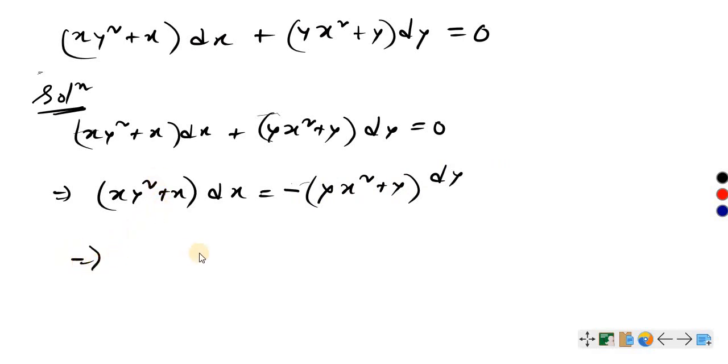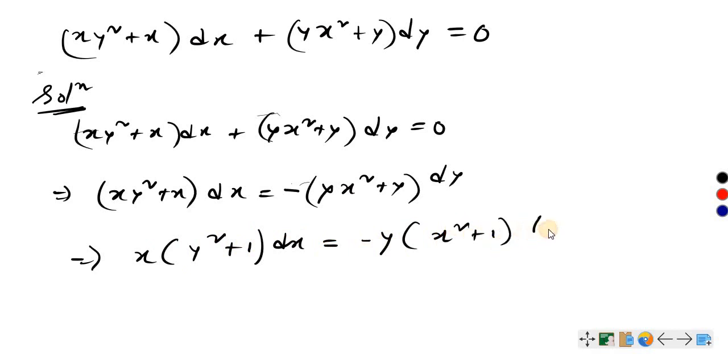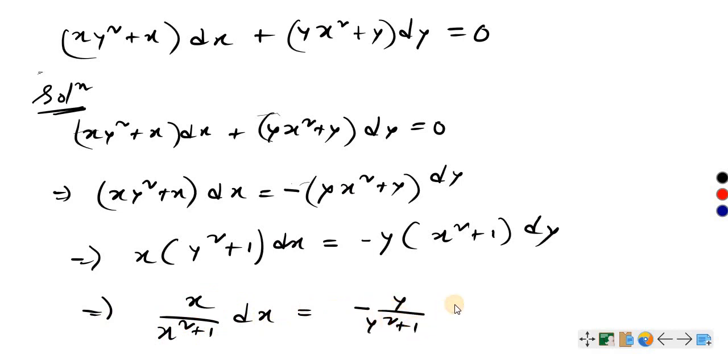This can be written further as x/(x² + 1) dx = −y/(y² + 1) dy.